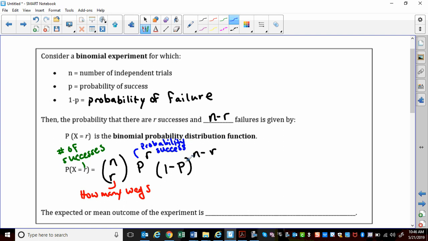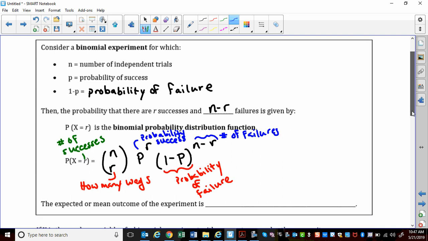And 1 minus P is the probability of failure. And N minus R, remember N is the number of trials, so N minus R is the number of failures. This right here. Number of trials minus the successes.